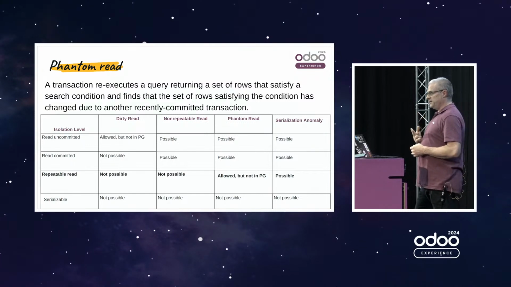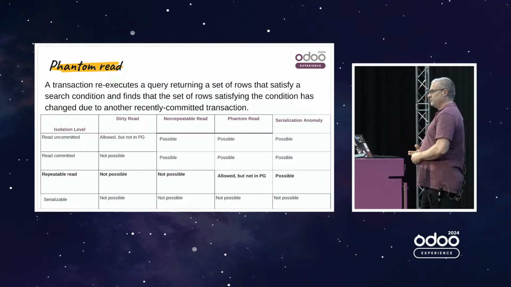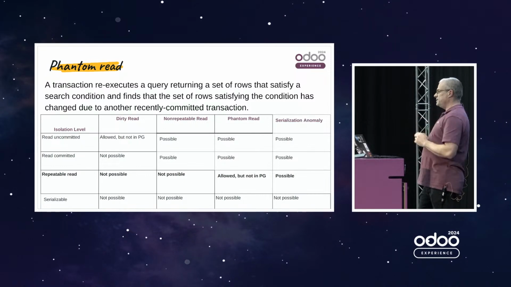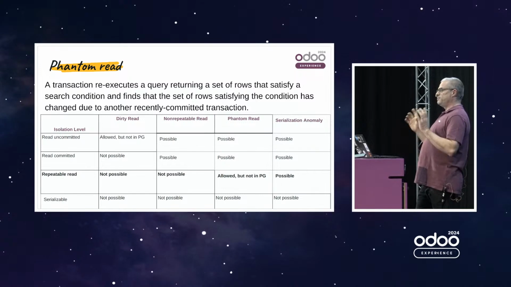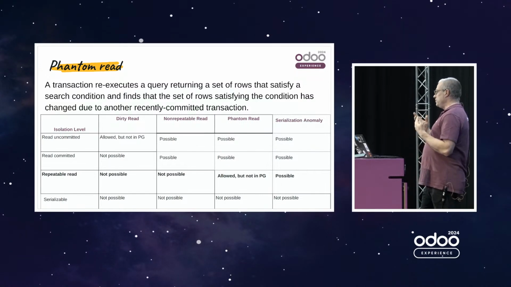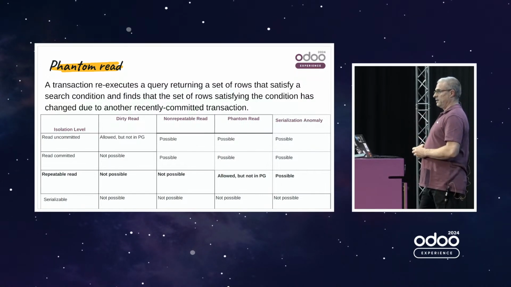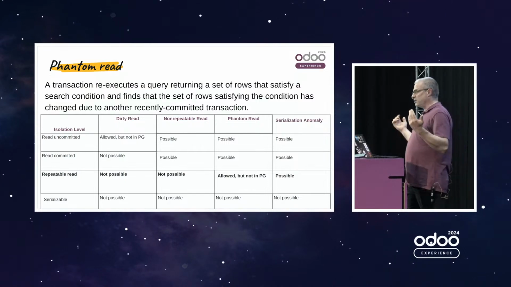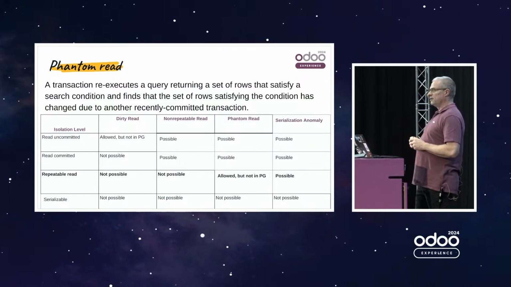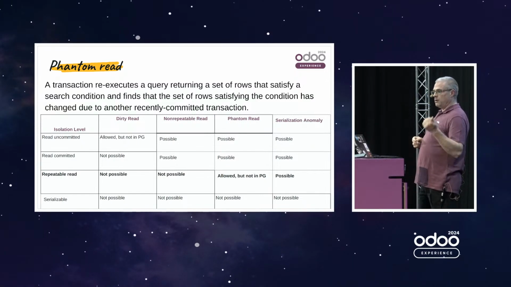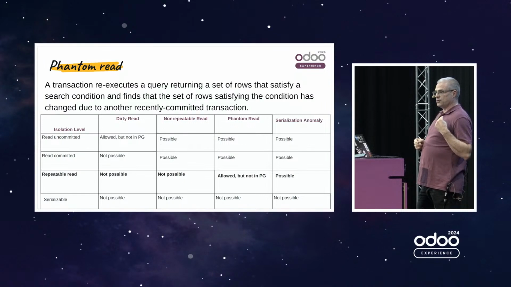This serialization failure is not an issue. The serialization error you see in the logs means the database protects you from losing data. Let's say you want to lower the stock value by 1 unit. You read 3 units in stock. If the first one lowers by 1, it will set the stock to 2.